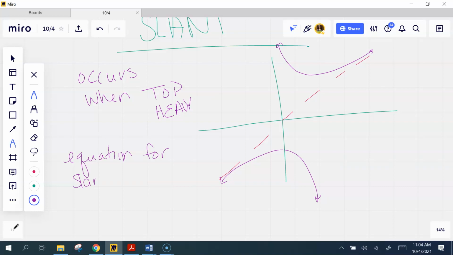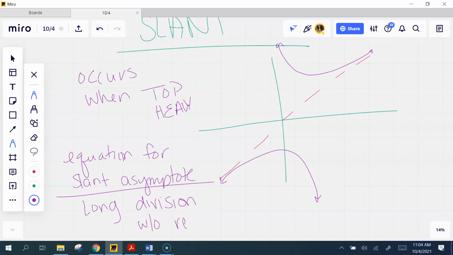are y'all ready for this? You do long division on the rational function, but you do not include the remainder. Whatever you get when you do long division minus the remainder is the equation of your slant asymptote.